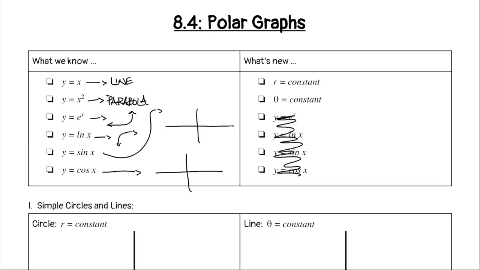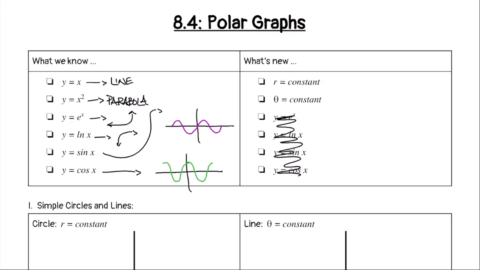Sine goes through the origin, so we've got something kind of like this for sine. And then cosine, is that odd or even? It is even, and so that means we have symmetry across the y-axis.